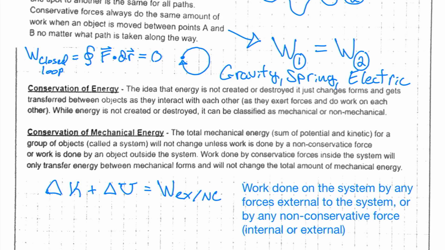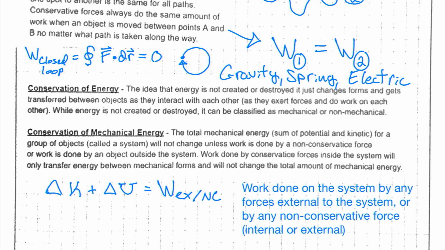Now that's true really of all forms of energy, but in our class we're going to look at mechanical energy specifically, which doesn't include energy that's being lost, like sound and heat or radiated out. So mechanical energy is the sum of potential and kinetic energies, the types that we listed on the previous page.